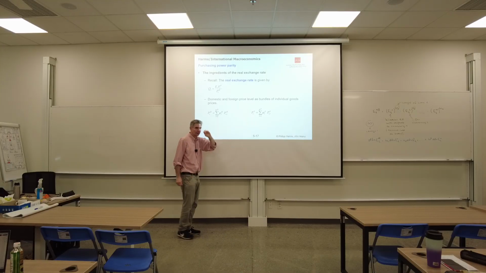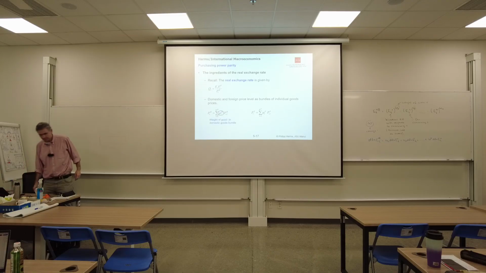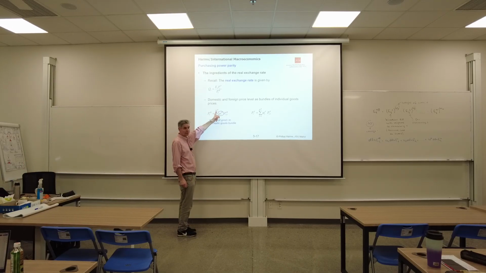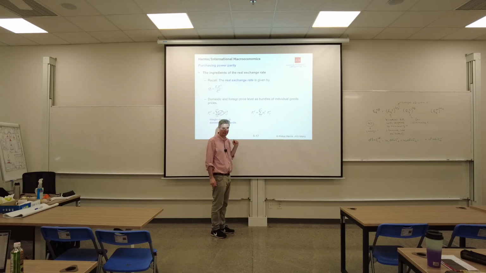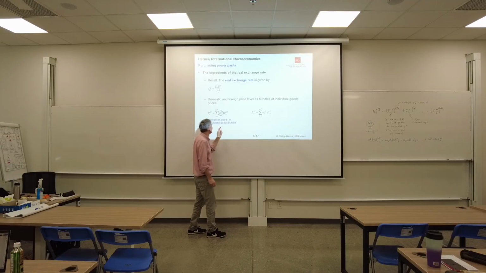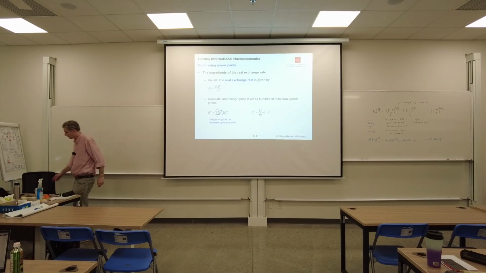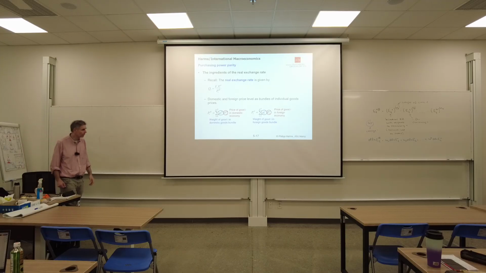Now, you may have NH prices in the domestic economy, and you may have NF prices in the foreign economy. And the weight of good I in the domestic goods bundle may differ from the weight of the same good in the foreign goods bundle.